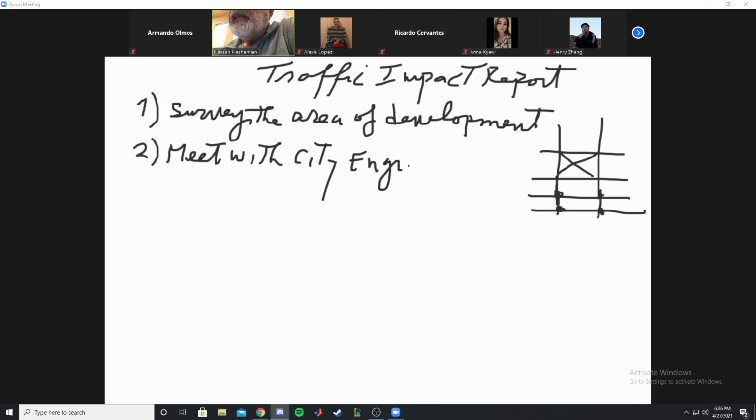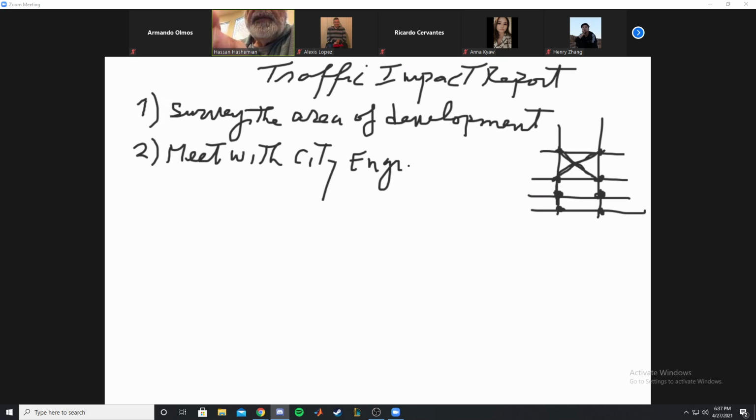He probably has a list that says, well, in order to get the traffic impact report for this land where you are building a shopping center, you need to analyze these intersections. He gives you a list of them and tells us how these intersections are going to function after you develop the area or the shopping center. Are they going to be congested or not? And what is going to happen with it? So he gives you a list of things that you have to do.